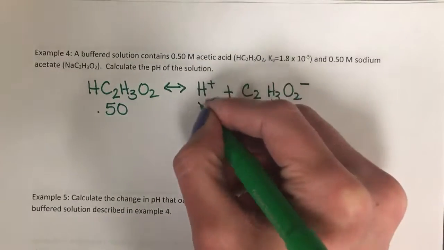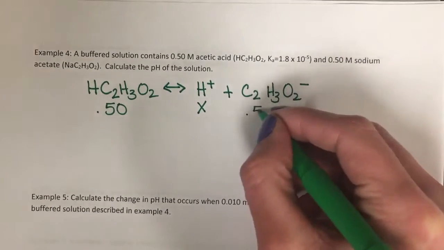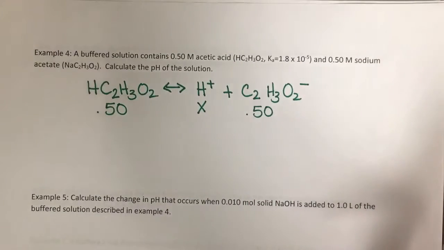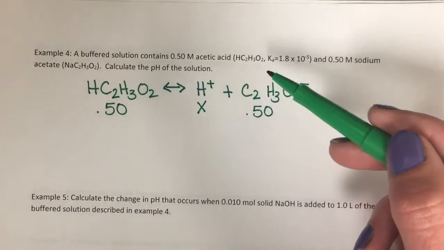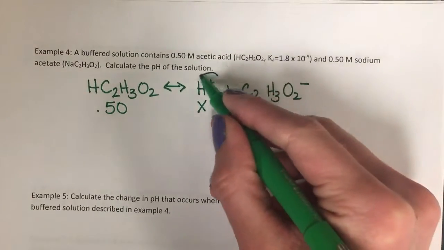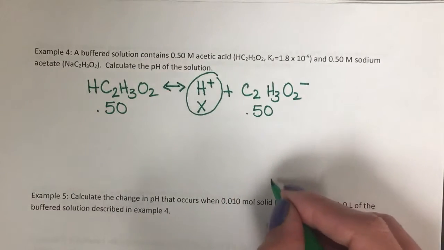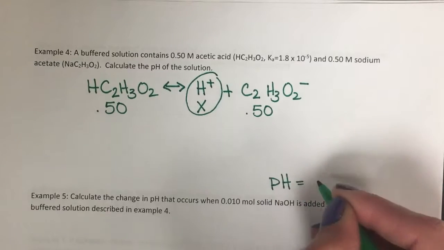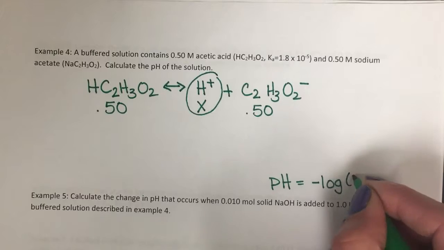I don't know how much H plus I have, and I'm adding 0.50 molar sodium acetate. So take a second and calculate the pH of my solution. Remember, once you solve for your H+, like we just did in the previous problem, pH equals the negative log of H+.